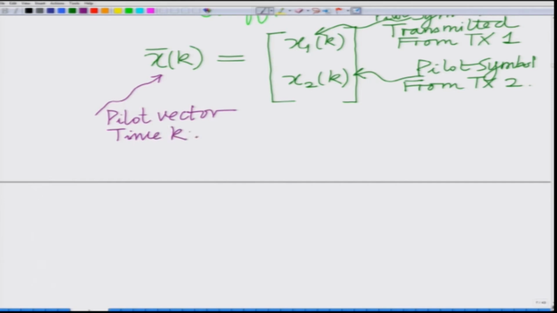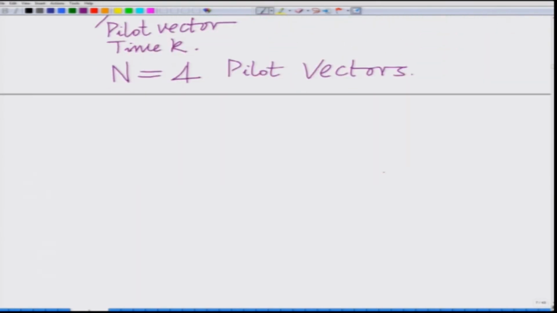Now let us consider 4 such pilot vectors. Consider in our example n equal to 4 pilot vectors.